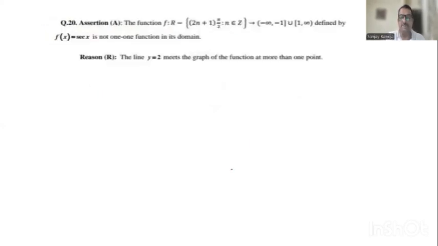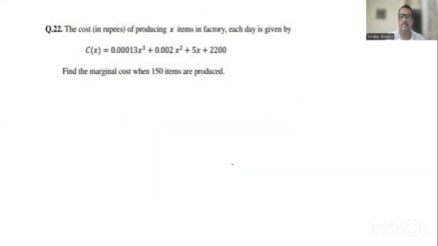We move to the next question, question number 22. Here, cost is given to us and we have to find the marginal cost. Question is very simple. All of you know that marginal cost is nothing but the derivative of total cost. You just differentiate this cost function and you will get the answer.